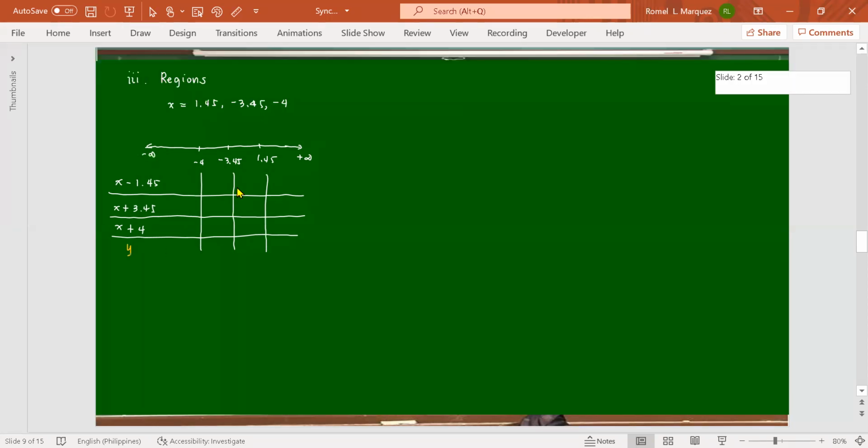So negative. Saan ba siya nag-zero? Here. Plus, plus, plus. Minus, minus, minus, minus. Negative, no? Positive. Negative. Correct? Positive. Correct, children? Yes po. Okay. Let's now draw.